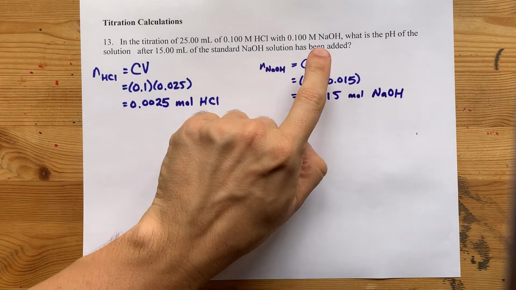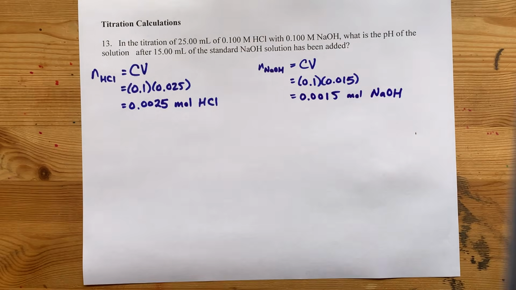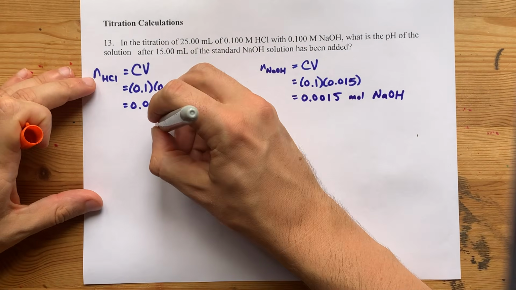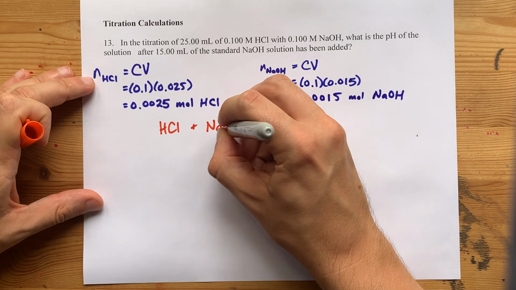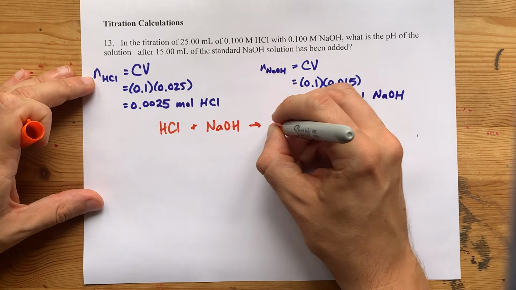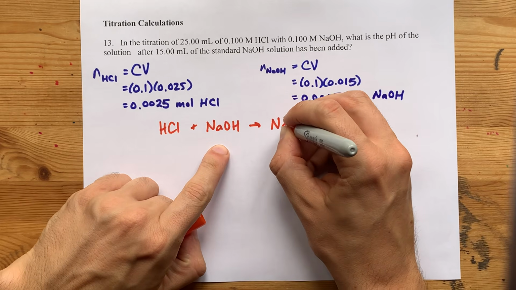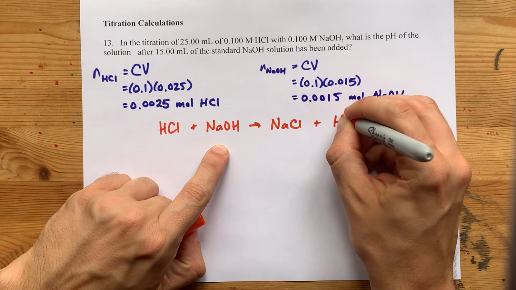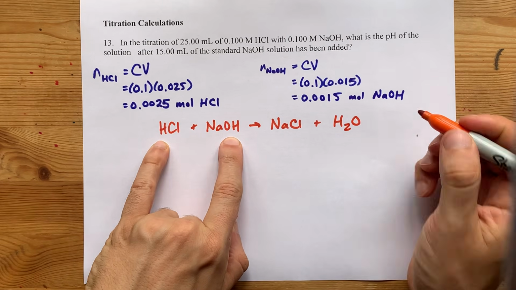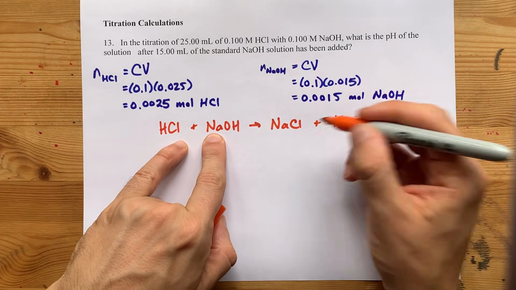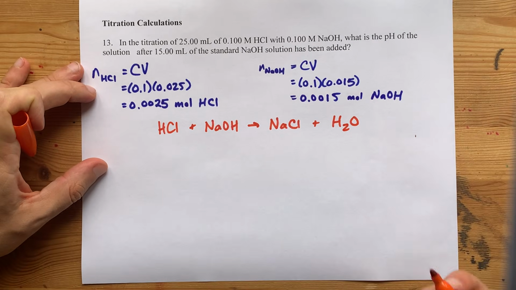What happens when I react this strong acid with this strong base? Well, let's go find out. Acid plus base equals salt plus water is the general rule. Note, H and OH made H2O, Na and Cl made NaCl, a salt.